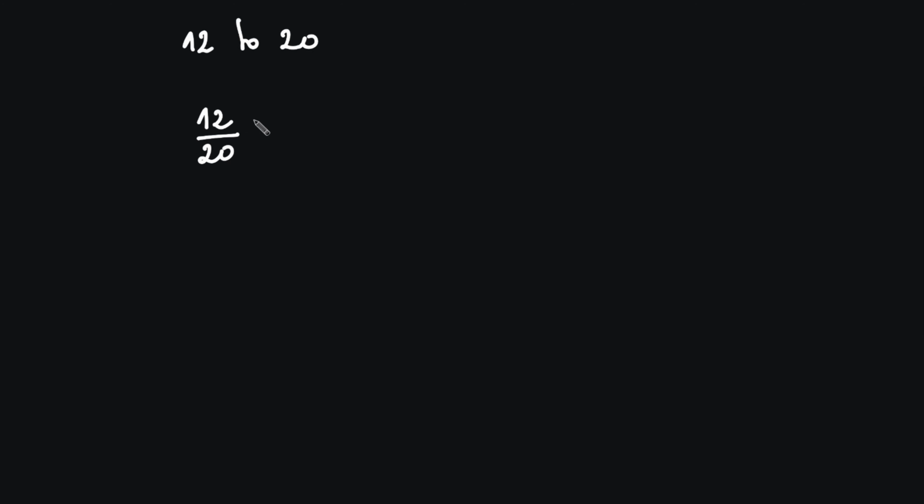Clearly, we can simplify both numbers by 2. 12 divided by 2 is 6, and 20 divided by 2 is 10. But now you notice you can simplify further, dividing again by 2, because both are divisible by 2 again. So 6 divided by 2 is 3, and 10 divided by 2 is 5.